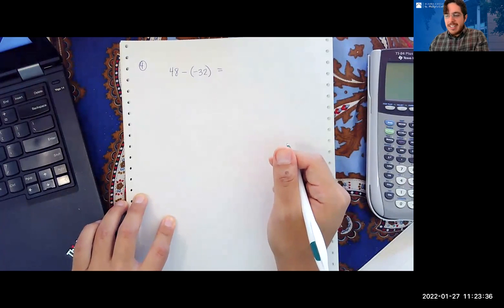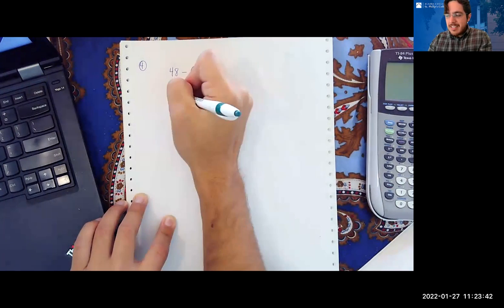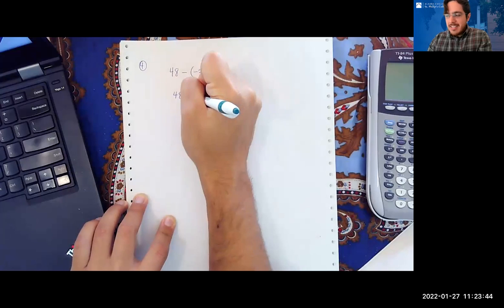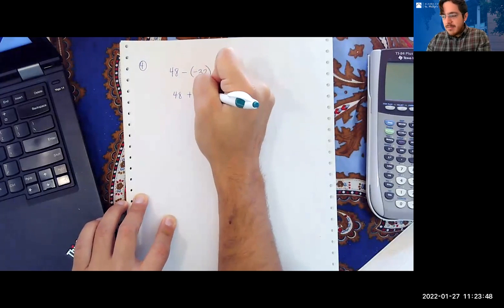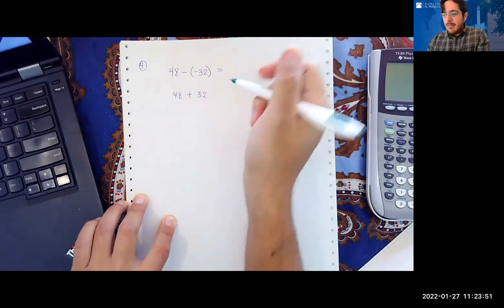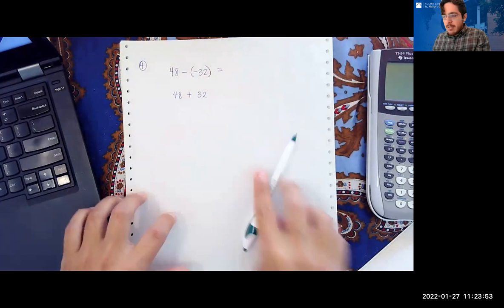Can you tell me how you did that? You have to do the same change. So negative 32 will turn into positive, and then you'll do 48 plus 32. Yeah, perfect. So we're going to keep, change, change like we've been doing.